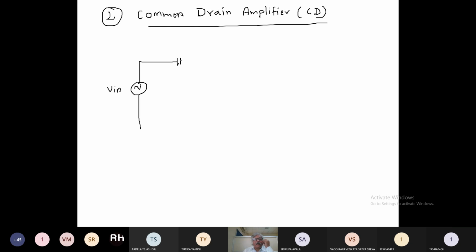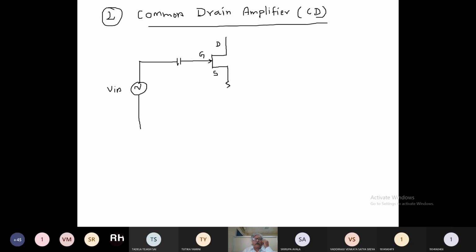There is one coupling capacitor. This is drain, gate, source.